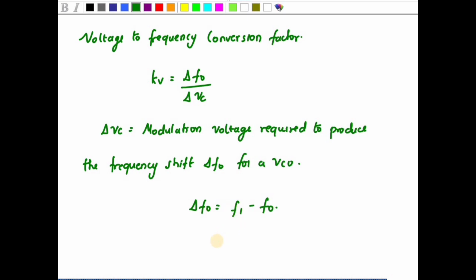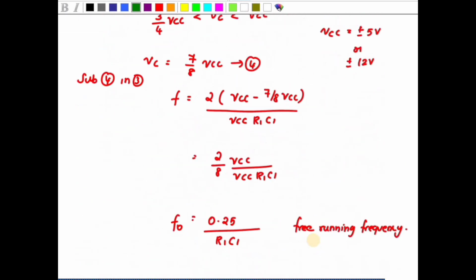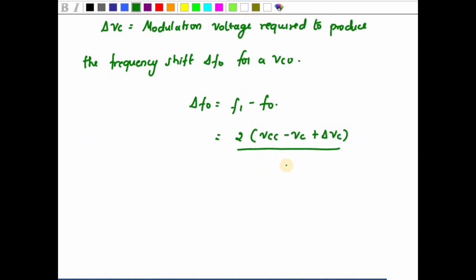So I can write del F naught as 2 into VCC minus VC plus del VC, divided by VCC R1 C1, minus 2 into VCC minus VC divided by VCC R1 C1.